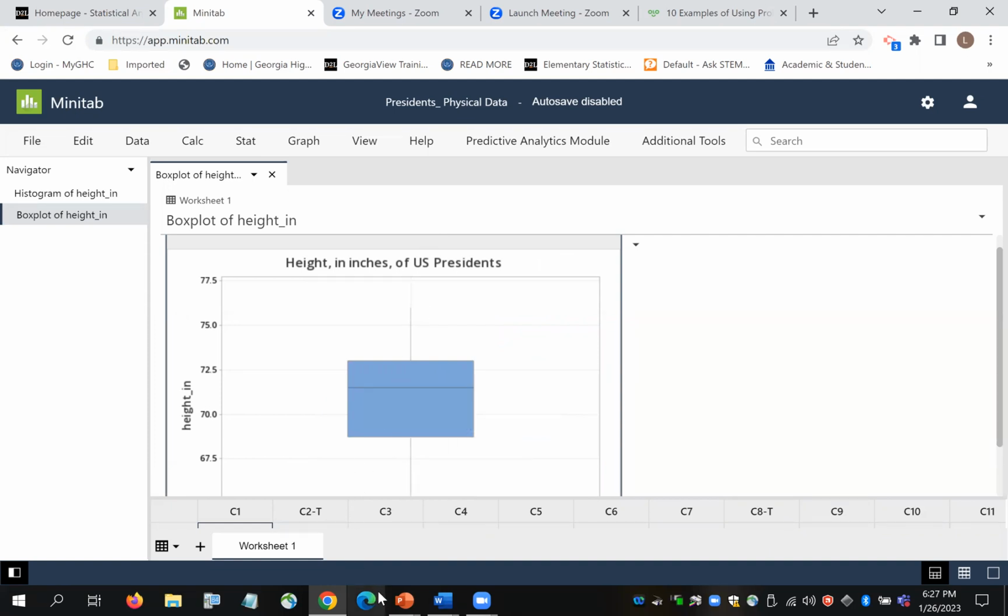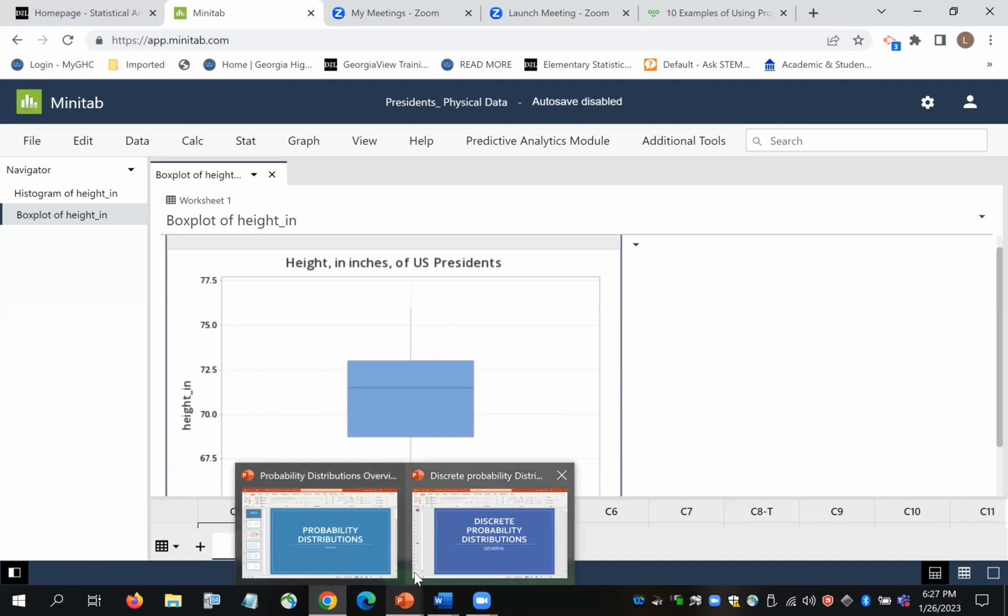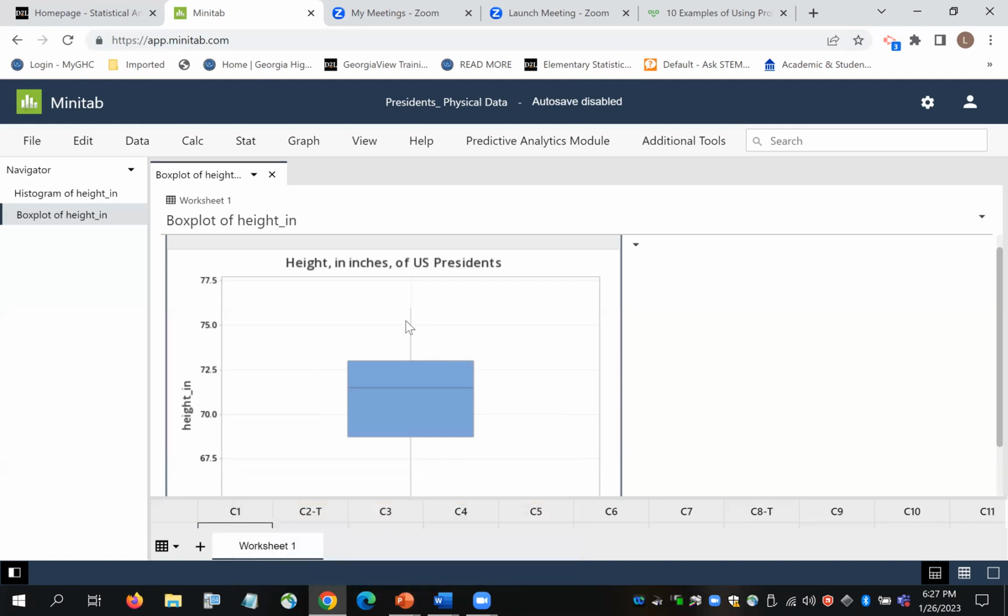So I've created the box plot. One thing that I do not see on this box plot: if there were outliers, we would see stars or asterisks. We don't see any.